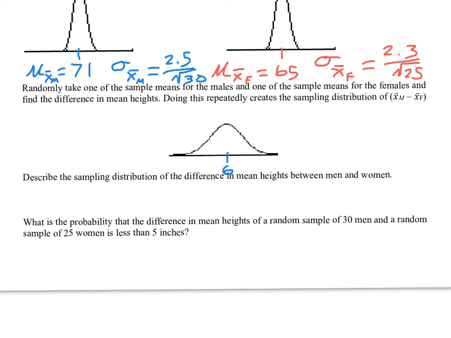It says below, describe the sampling distribution of the difference in mean heights between men and women. So we know that the mean of all of the differences will equal 6.